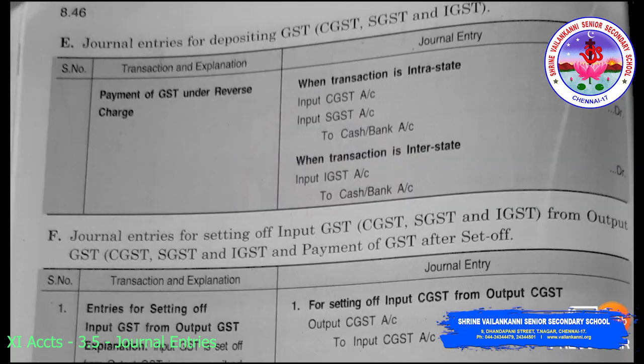Now the last transaction under input CGST and input SGST, payment of GST under reverse charge. Now what is reverse charge? See, if you are purchasing from an unregistered person, you cannot say that you will not pay GST, because you want to claim your input tax.